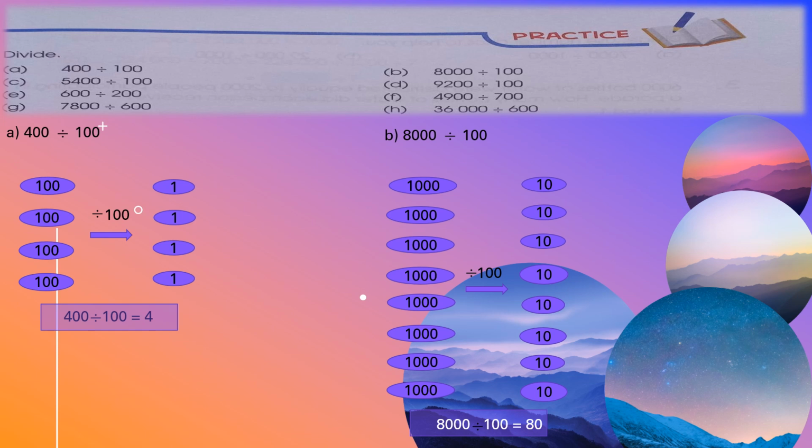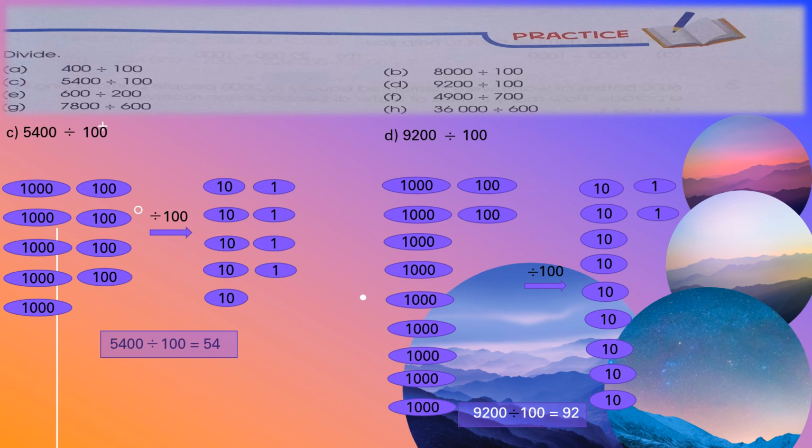For part B, we have 8,000 divided by 100. For 8,000, we have 0 ones, 0 tens, 0 hundreds and 8 discs of 1,000. When these are divided by 100, we have 8 discs of 10. So our answer is 80. 8,000 divided by 100 is equal to 80.